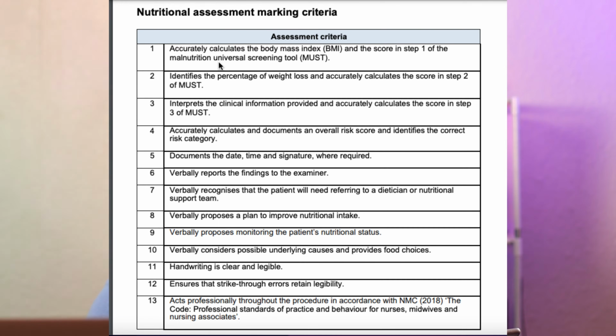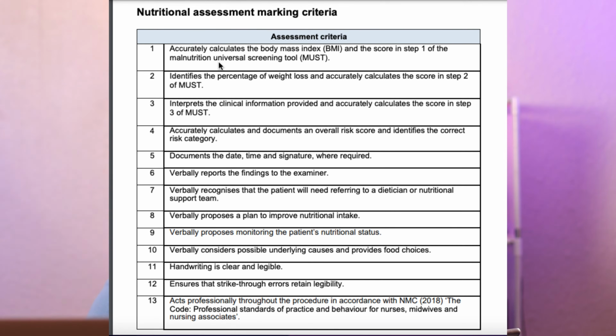The 6th one is you verbally report the findings to your examiner. The 7th is you verbally recognize that the patient will need referring to a dietitian or a nutritional support team. The 8th is you verbally propose a plan to improve nutritional intake. The 9th is you verbally propose monitoring the patient's nutritional status. The 10th is you verbally consider possible underlying causes and provide food choices.